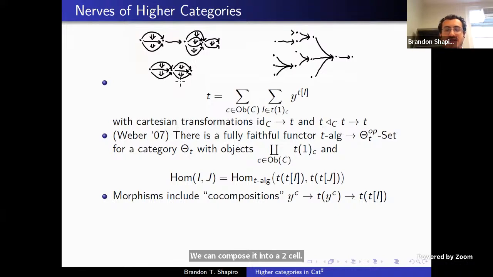And so the structure of this category is going to tell us about the kind of composites we need to do, but treating them as structure maps, or as the morphisms that make up this functor from Theta T op to set, rather than algebraic structure coming from being a monad algebra.